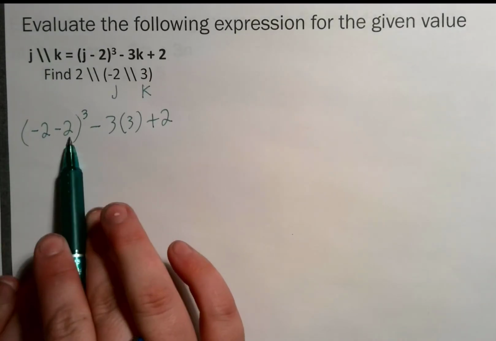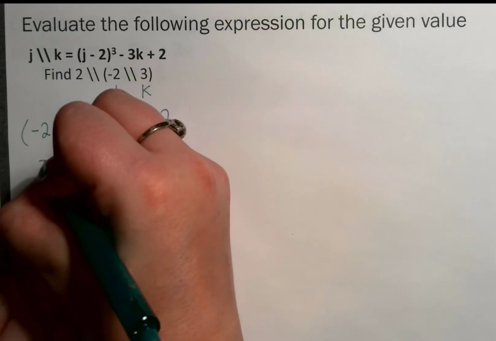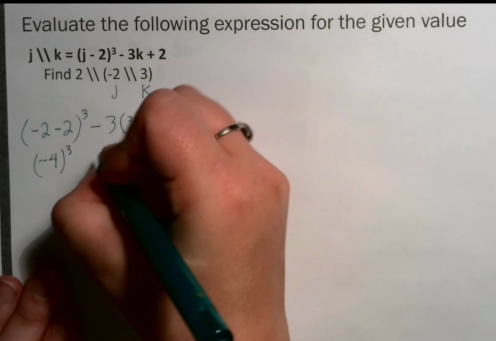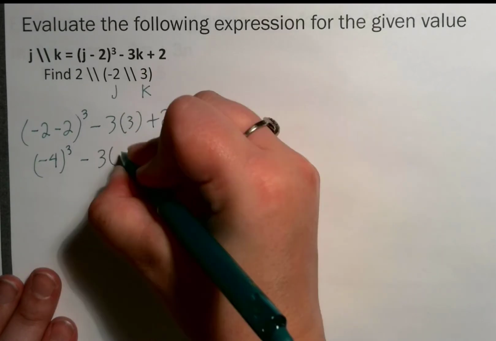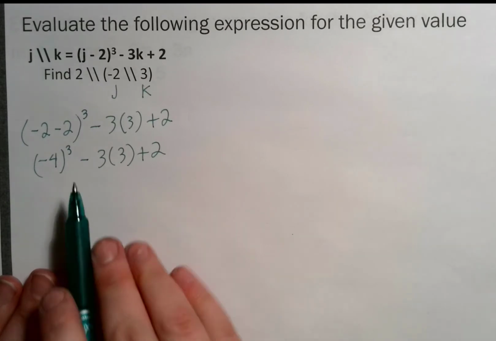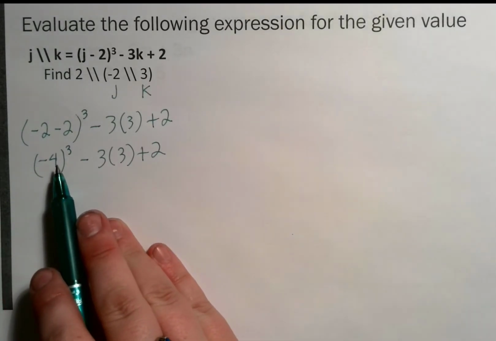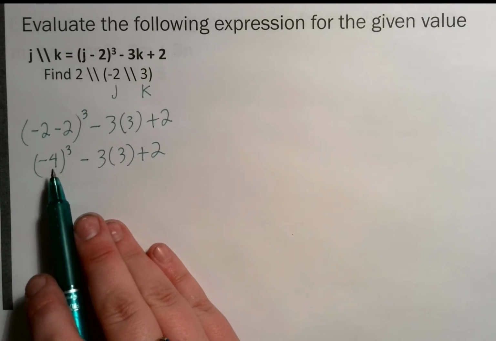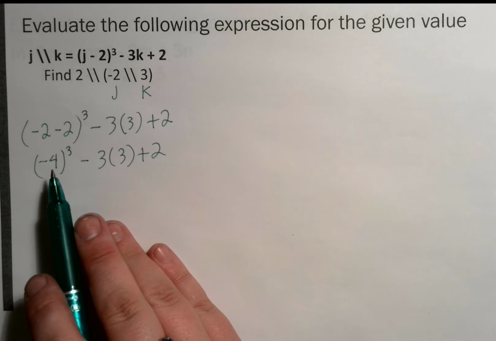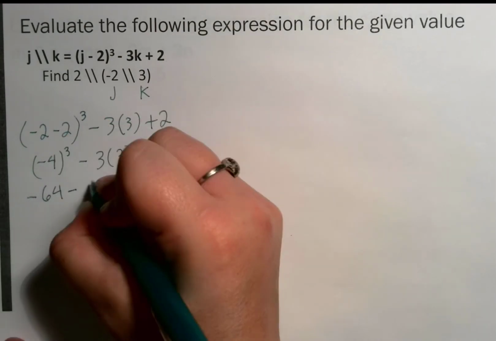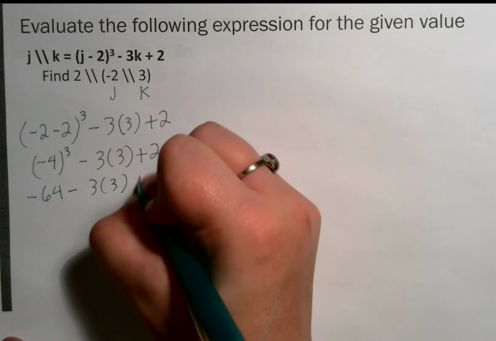Negative 2 minus 2, which is a negative 4, cubed, minus 3 times 3 plus 2. Negative 4 cubed means negative 4 times negative 4 times negative 4, which is negative 64, minus 3 times 3 plus 2.